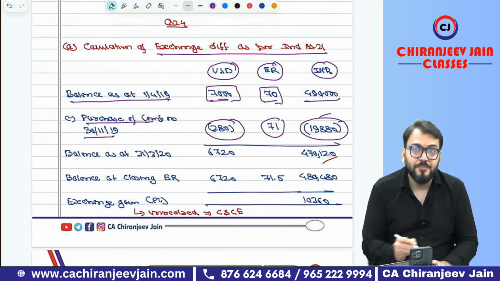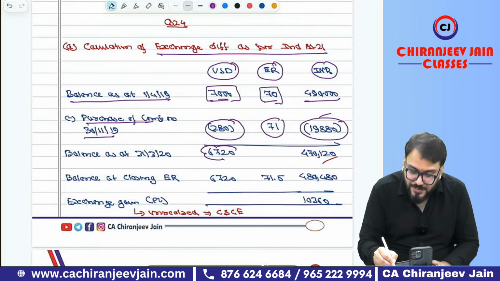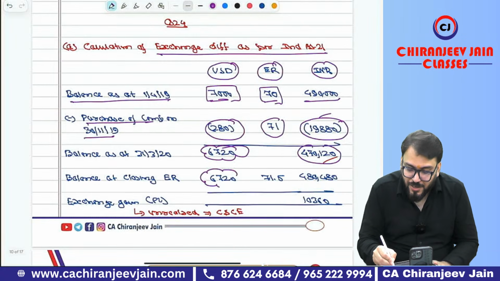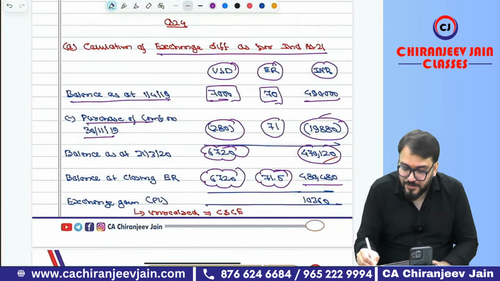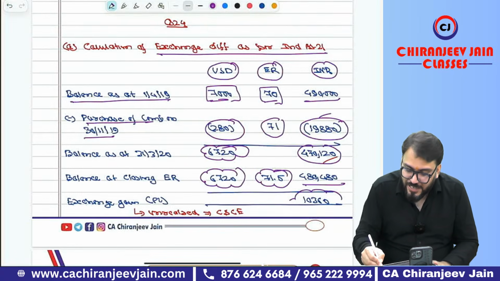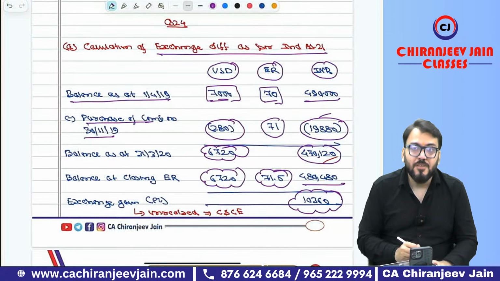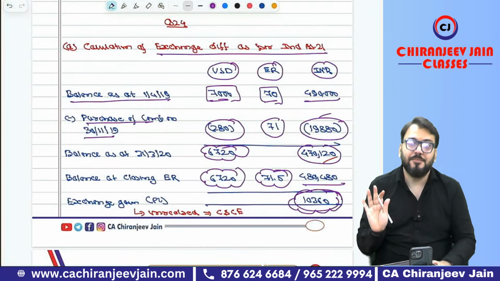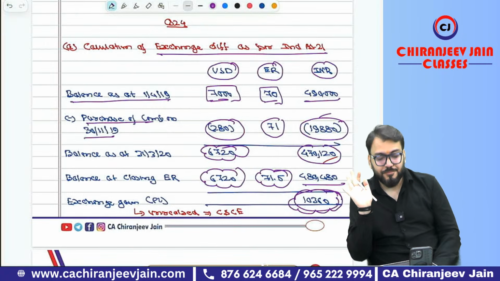This becomes closing balance 6,720. Now this closing balance, being a foreign currency monetary item, will be translated using the closing exchange rate. This is the amount, and this becomes exchange gain. Of course, it is unrealized. So this becomes exchange gain as per Ind AS 21. First, have you understood this part?